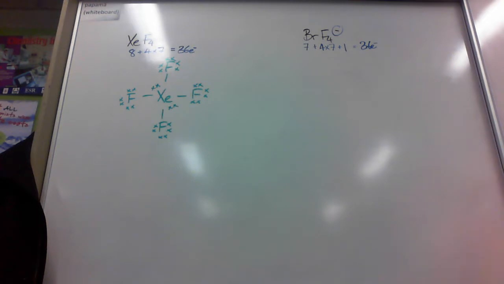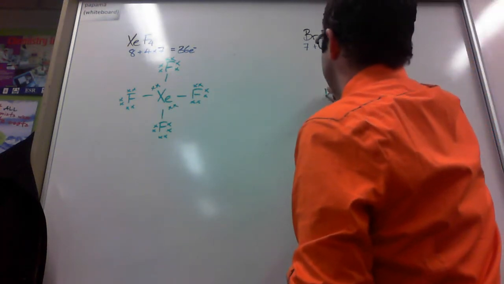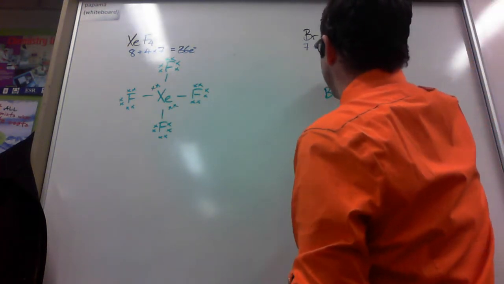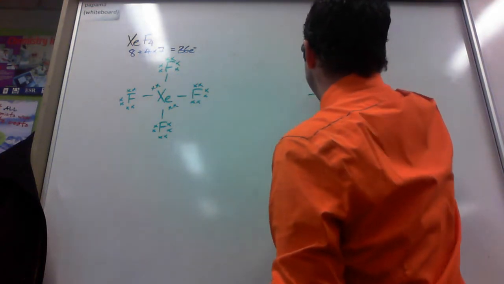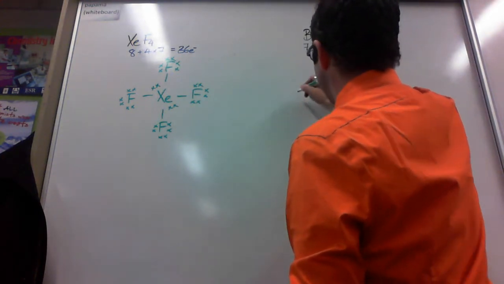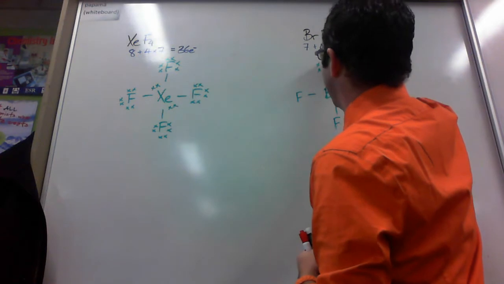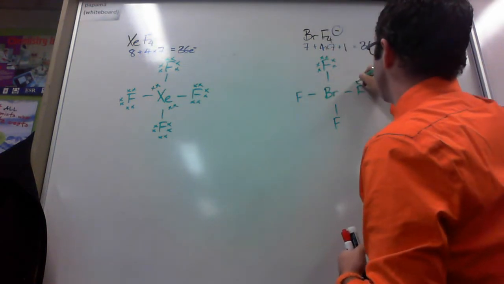Bromine in the middle, 4 fluorines around it. Fill in the electron clouds.